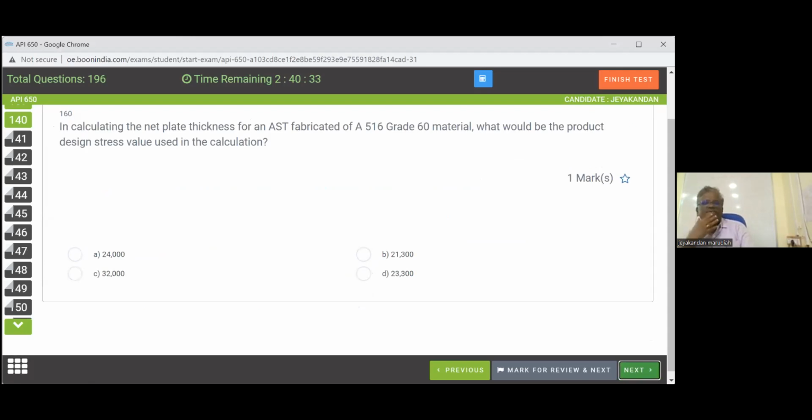In calculating the net plate thickness of a shell, A516 grade 60, what is the product design stress? Check the table and answer. This is an important question actually. For 516 grade 60 we have to refer only to the B table.